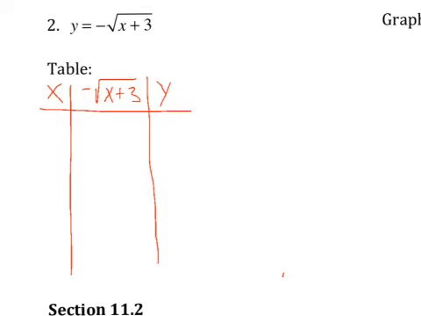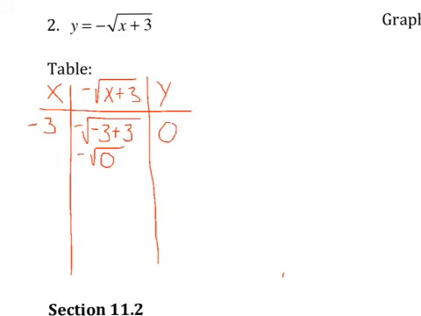So you want to plug in an x value that will give you a 0 inside the square root, and that x value is -3. We have a negative on the outside, and on the inside we put -3 plus 3, which equals 0. The square root of 0 is 0, and multiplied by a negative, it is still 0.